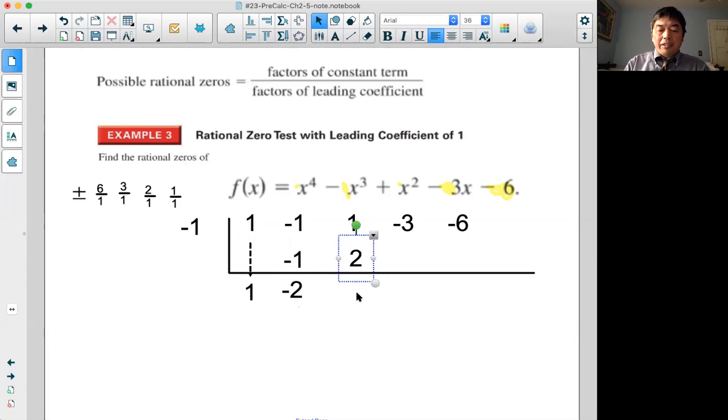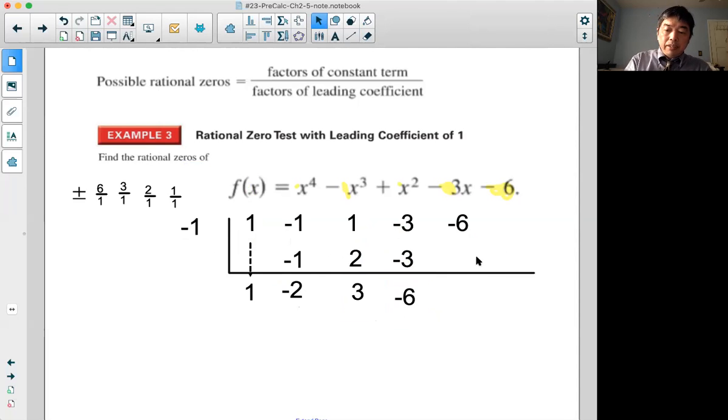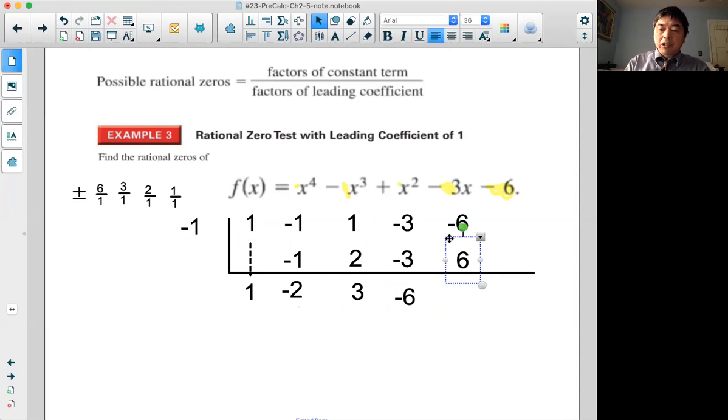You add, so it's going to be 3 here. 3 times -1 is -3. You add, so it's going to be -6 here. -6 times -1 is positive 6. You add, it's going to be 0 here.